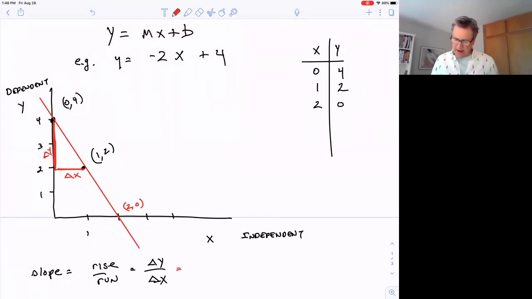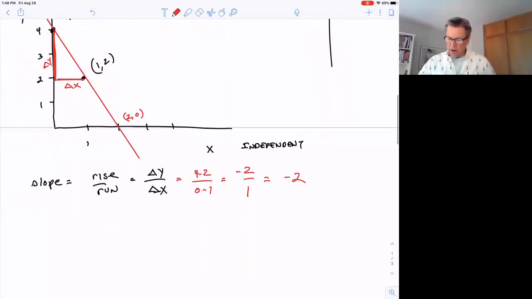So we can write that as the change in the y's would be 4 minus 2, and the change in x would be 0 minus 1, and that is going to be minus 2 over 1, which equals minus 2, which we already know the minus 2 would be the slope. So the slope is negative because it's pointing downward.